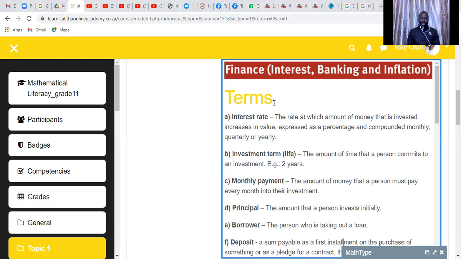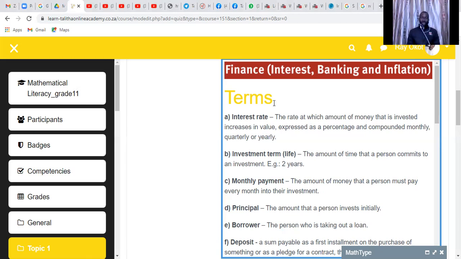The rate at which the amount of money that you invested in some kind of project increases in value. When you identify a business and you want to invest your money in it, you do that expecting that your money will increase in value. So when your money increases in value, that rate at which it is increasing in value is called the interest rate.